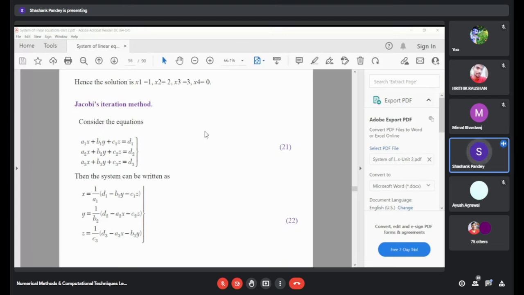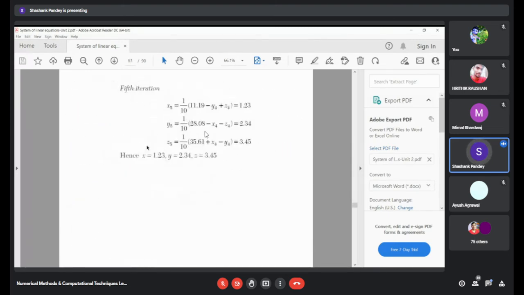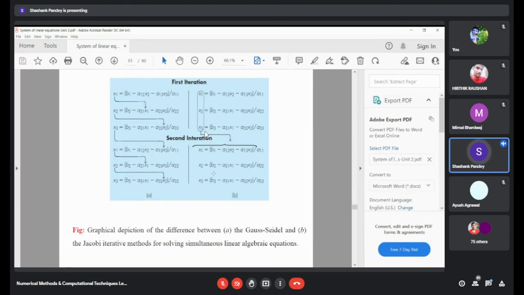Okay, so this is also pretty simple. In the previous approach, let me explain this through a systematic diagram. In figure B, you have a look at figure B. Here we do not use updated values of x1, x2, and x3 for the calculation of the next unknown. Rather, we calculate the values of x1, x2, and x3 based on our initial approximation.